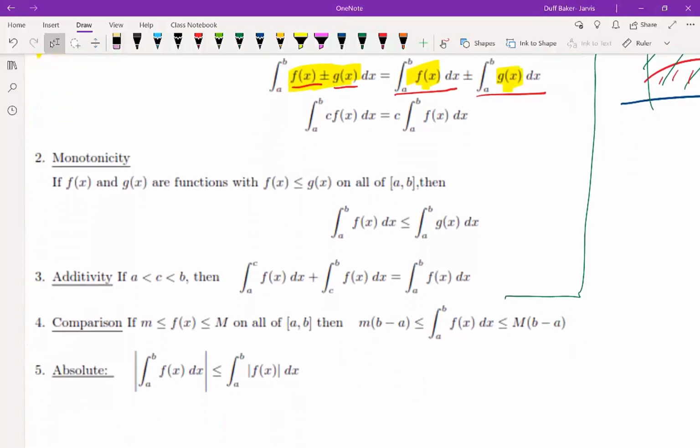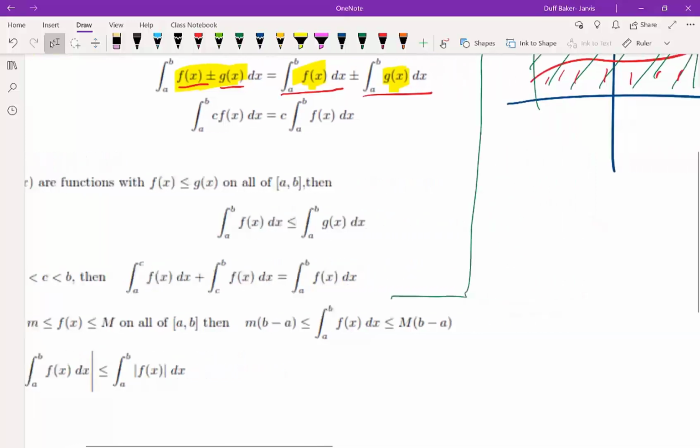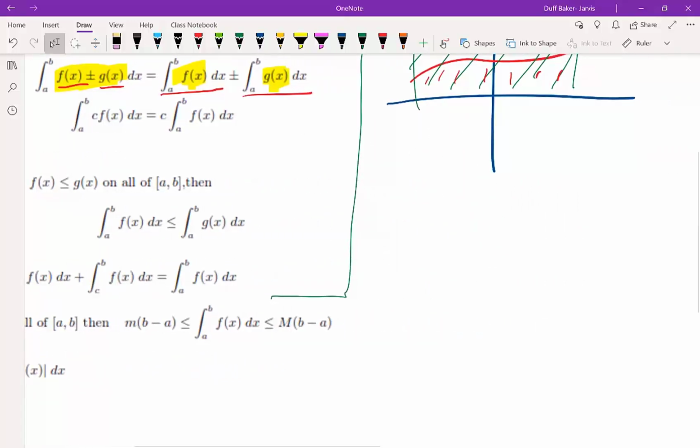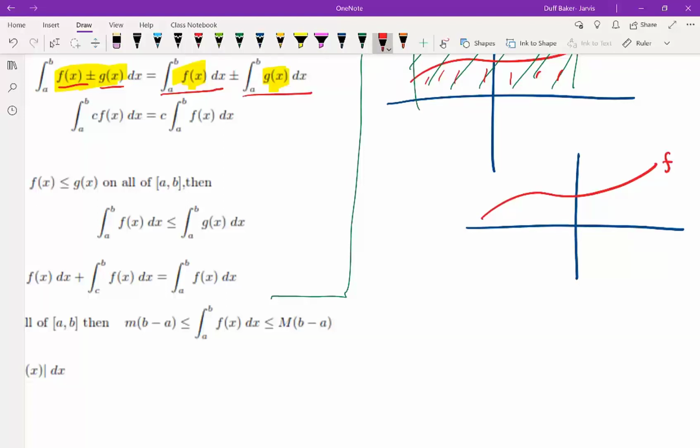Number 2 says basically that, if you think about it in terms of areas, if you have one function f, and then you have another function g, which is always bigger, and you ask about areas, which of these 2 areas is going to be bigger, the green area or the red area?